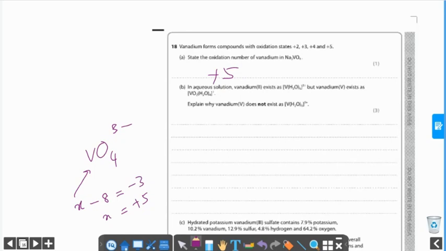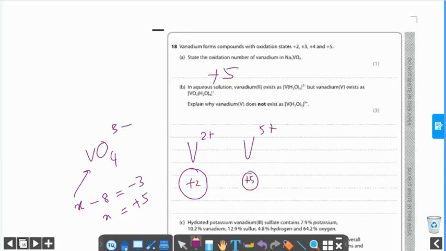Vanadium 2+ can exist as hexaaqua but not 5+. What is the difference between vanadium 2+ and vanadium 5+? Vanadium 5+ has a greater polarizing power, because it is smaller, +5, while the other is larger, +2.